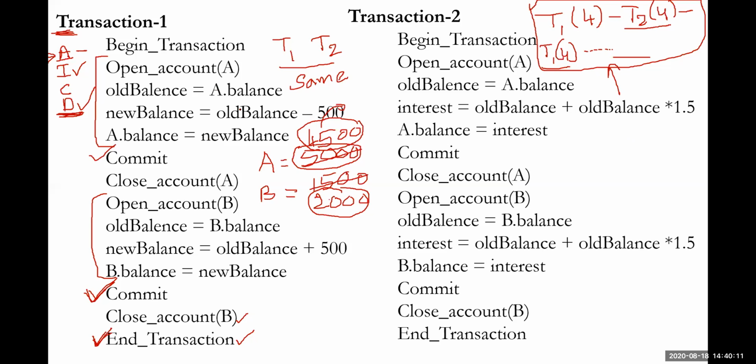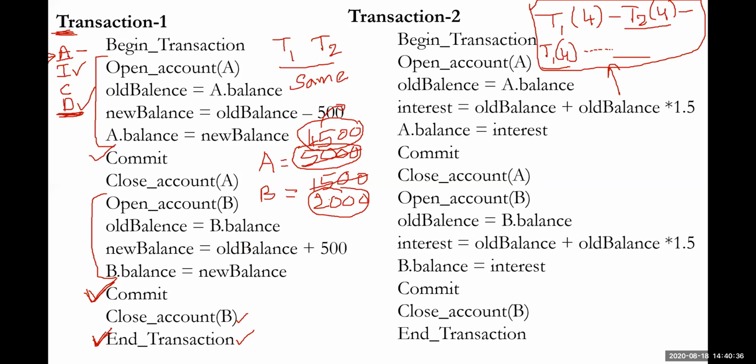The entire transaction must be executed at once, which is called atomicity, then isolation, and durability, and then moving from one consistent state to another consistent state. Previously 5,000; after execution of this entire transaction, what exactly do you require? A's balance will be 4,500 and B's balance will be 2,000 rupees.